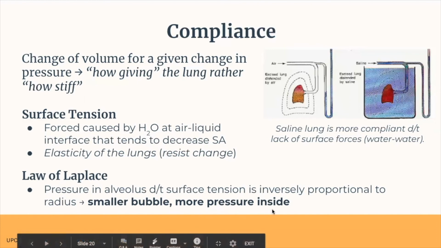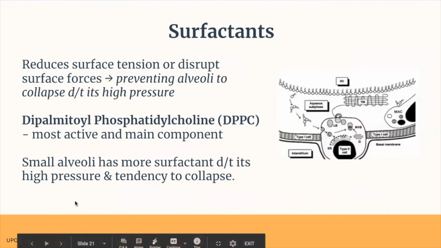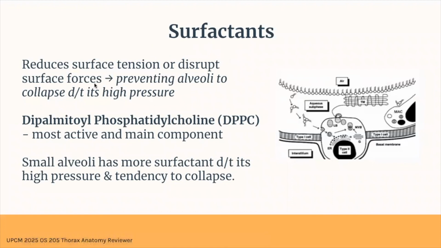So, magtataka ka, bakit hindi nagko-collapse yung bubble or yung alveoli mo kahit na mataas yung pressure sa loob? Tada! It's your surfactant. It's because of your surfactants. So your surfactants are the ones that prevent your alveoli to collapse from its high pressure. So, nire-reduce ng surfactants actually yung surface tension or dinidisrupt na yung surface forces between the air and your water.